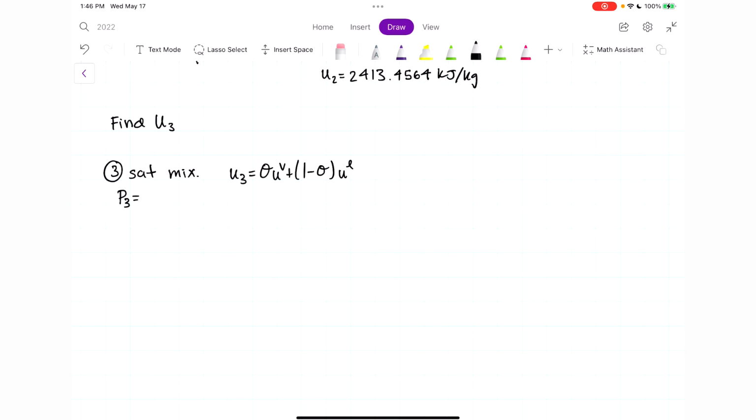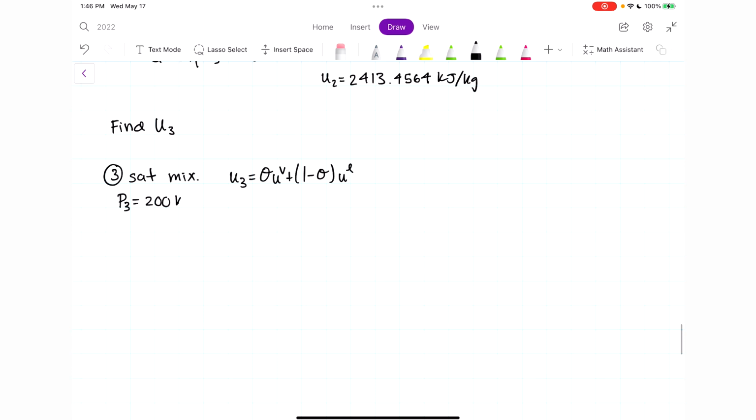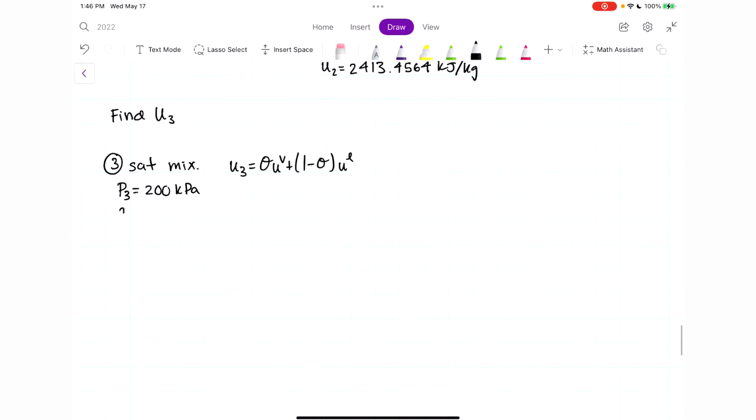At state 3, our pressure is 200 kilopascals, so that's going to be key in order to find things on our steam tables or our saturated mixture tables. And we know that the specific volume at state 3 is 0.841 meters cubed per kilogram. And if you're interested in finding out how we got those numbers, please watch part 1 because I'm not going to go over it again.